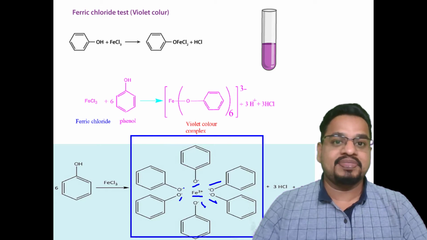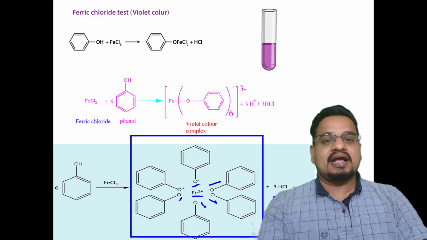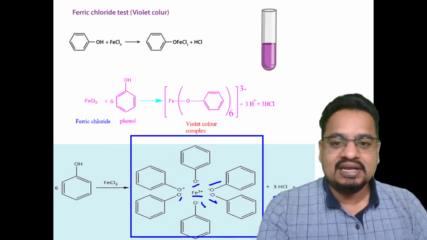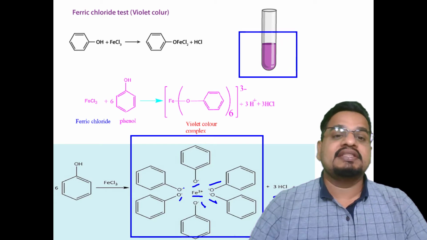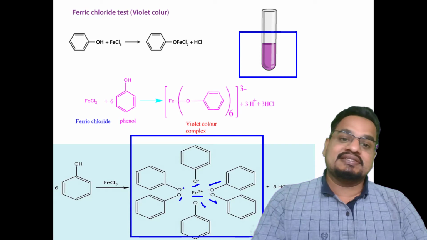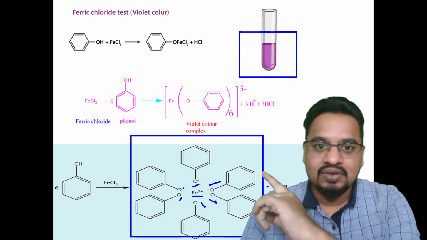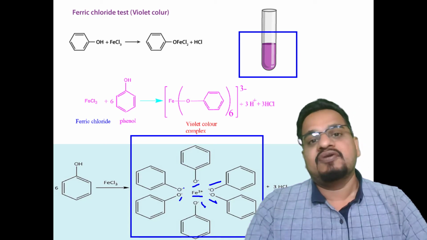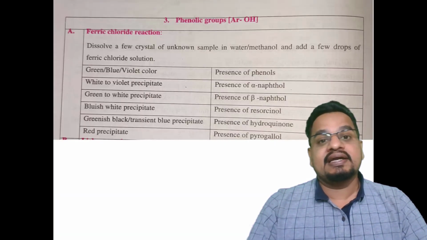And 3 HCl, that is 3 protons, are released. And you will confirm the violet coloration. If it comes as a violet coloration, it is the violet color complex of ferric chloride with the phenol. So that is the ferric chloride violet color test.